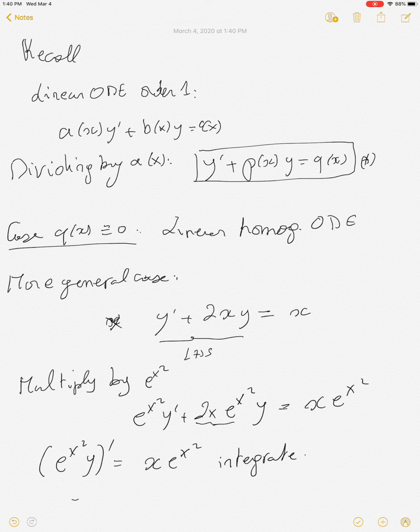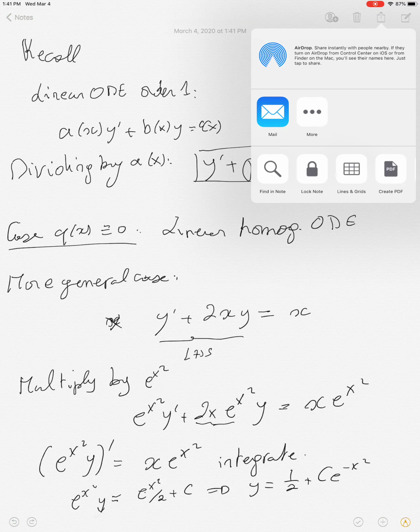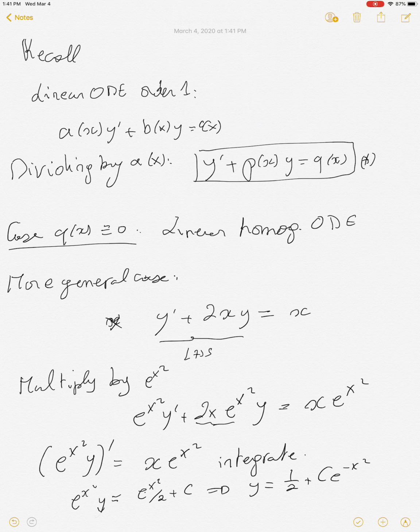We get e to the x squared y equal e to the x squared over 2 plus a constant, and then you get the solution y equal half plus c e to the minus x squared. So the function e to the x squared is called an integrating factor.